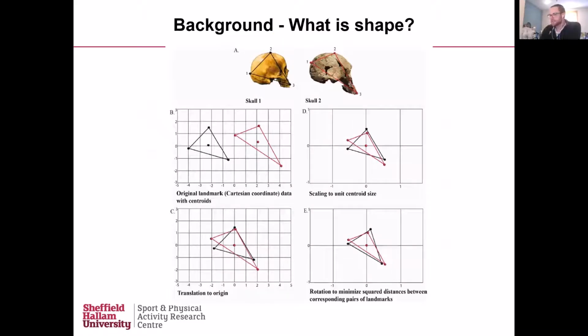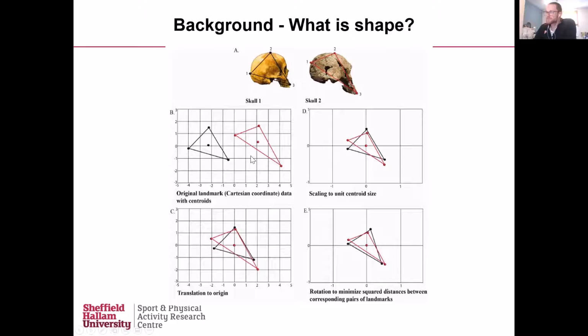And this definition holds when you're analyzing differences between two different objects. So a very simple example, two skulls that have had three marks digitized on them, represented as triangles here on this panel.